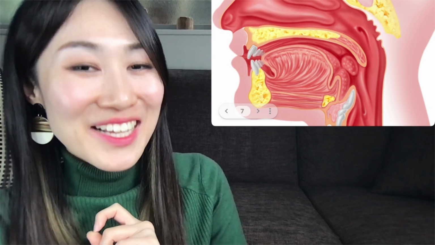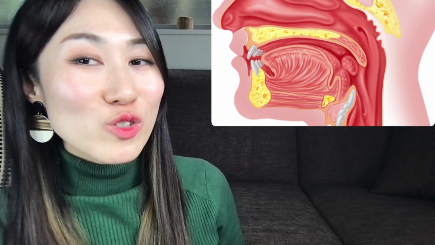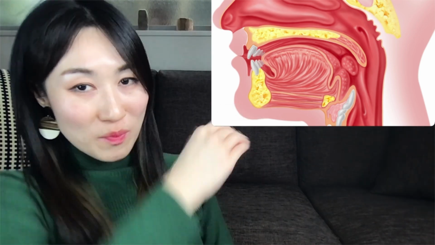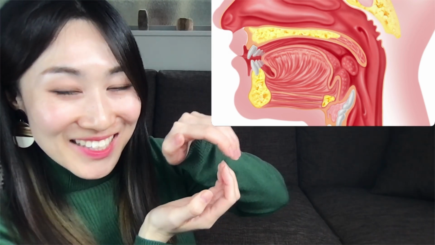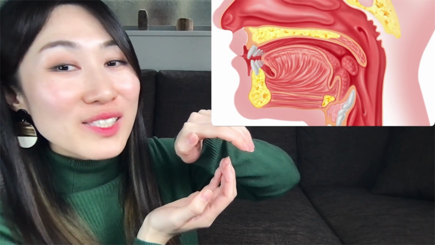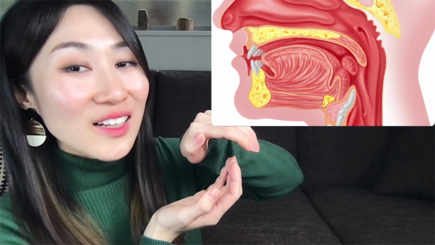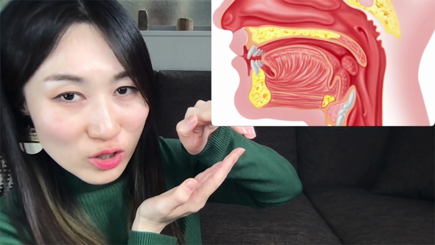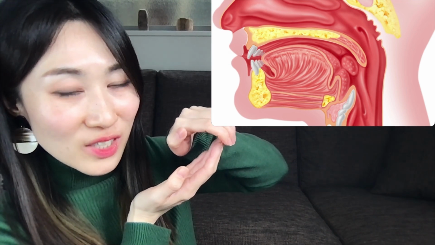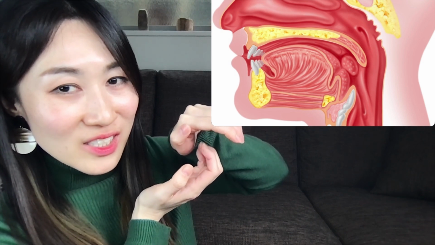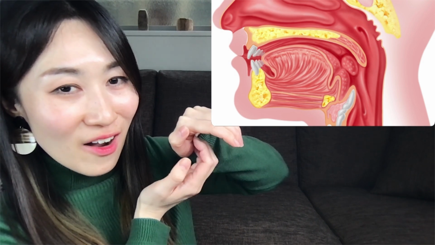Okay. Now let's talk about your tongue shape. So imagine this is your tongue and this is your teeth. And when you pronounce the L sound, you touch the back side of your teeth like this, right?